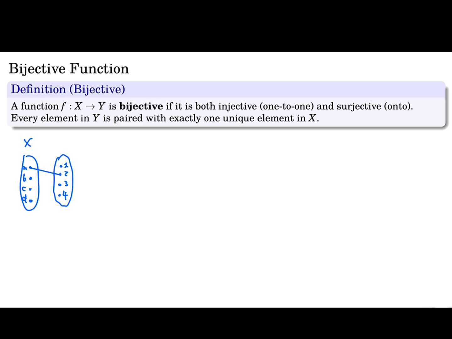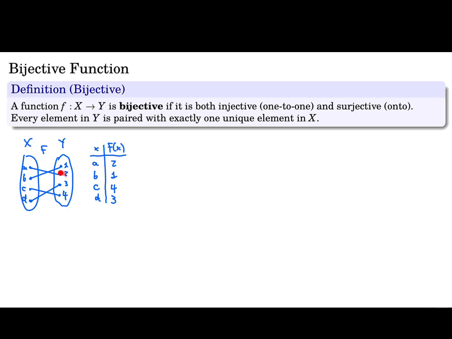And let's say you have the following function, and let's call this f. This was the codomain. Let's write out a table for this function. So f of A is 2, f of B is 1, f of C is 4, f of D is 3.